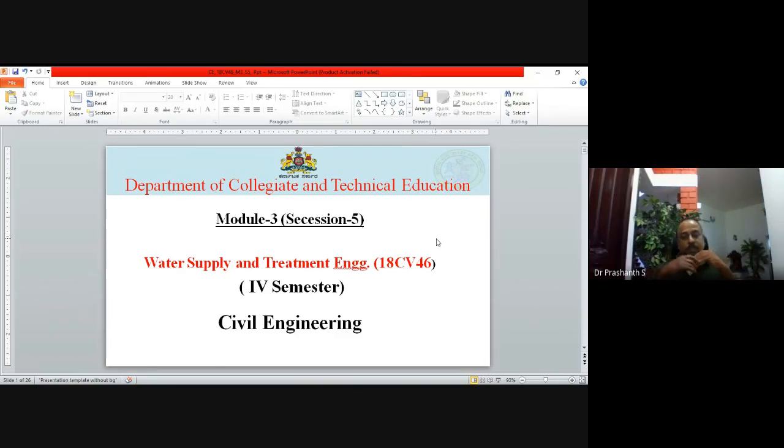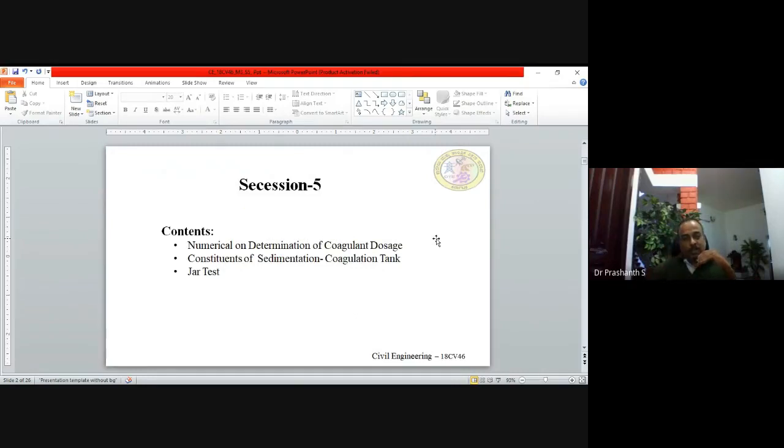In session 4, just to recall what we have discussed, we discussed coagulation and sedimentation aided with coagulation. In the sedimentation process, we remove very fine suspended particles which are easily settled in the tank using the force of gravity.